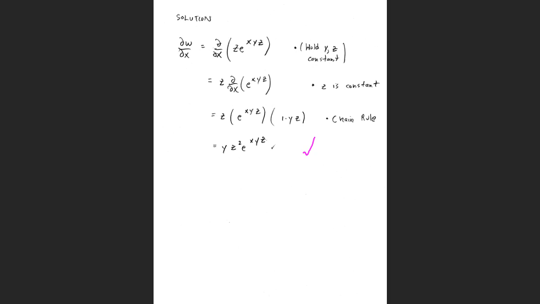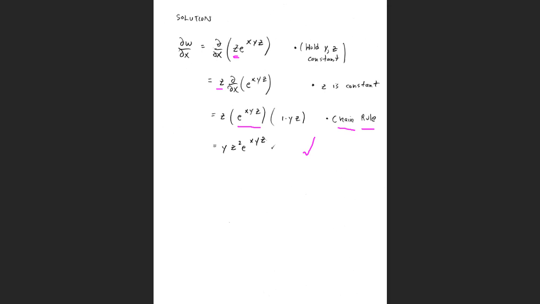So I hold the y and the z constant. This allows me to pull the z out of that partial derivative. Now I have to utilize the chain rule. The derivative of e to the x is e to the x, so e to the xyz power.